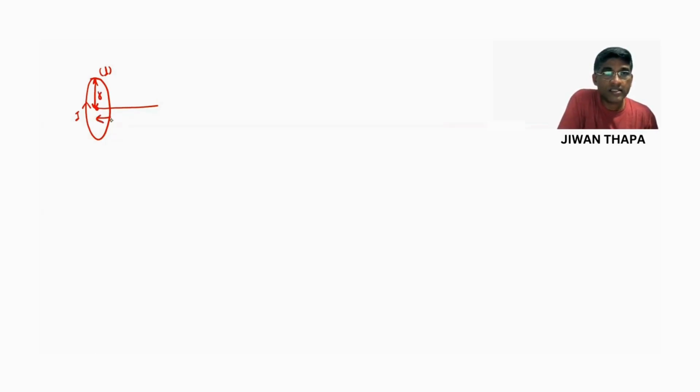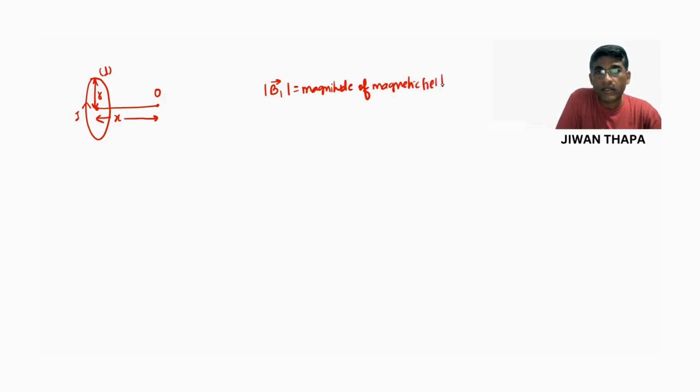And this distance is X. This is point O. So the magnitude of magnetic field, okay, B1. So what is this? This is magnitude of magnetic field at point O due to loop 1.